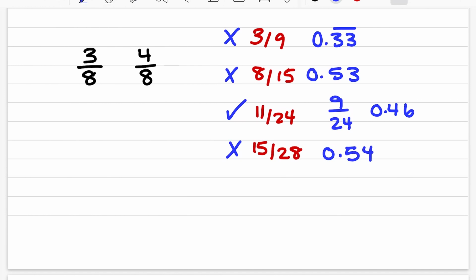And then you could do the same thing with the 3 over 8 is 0.38, and 4 over 8 is 0.5.